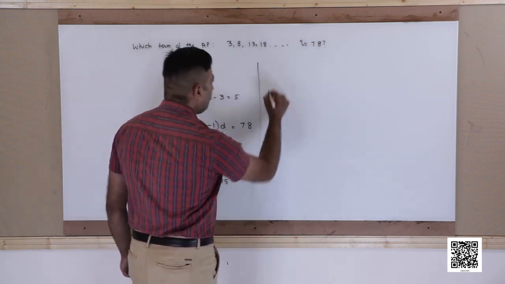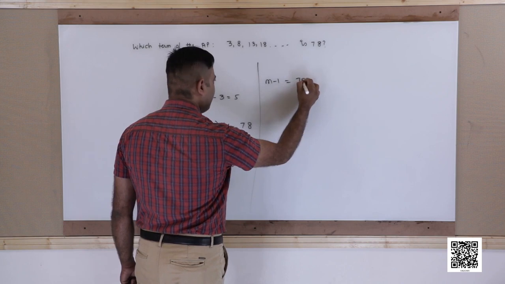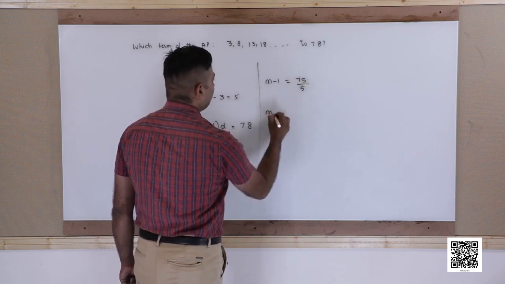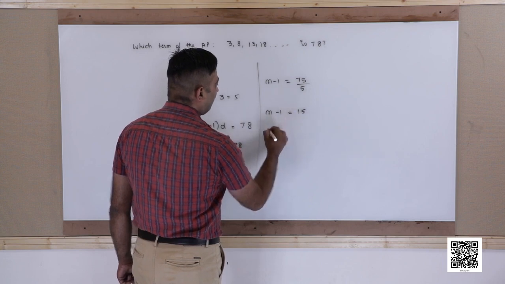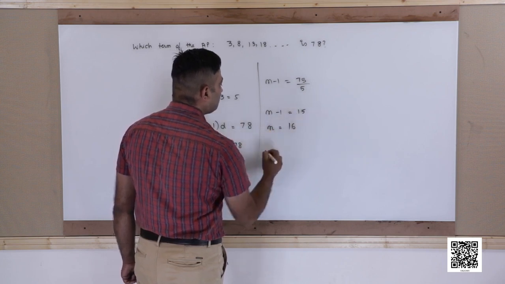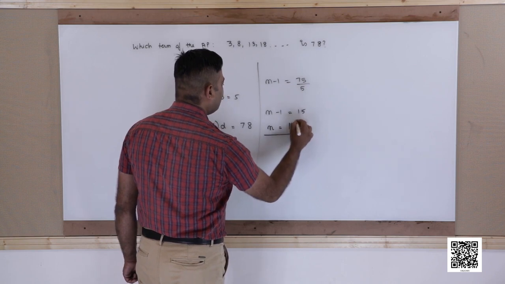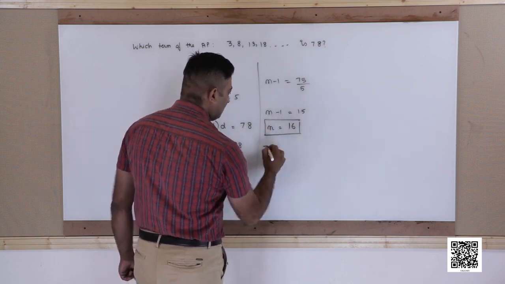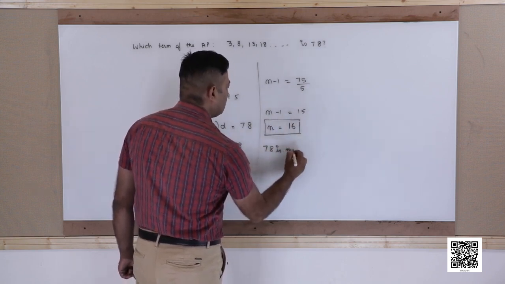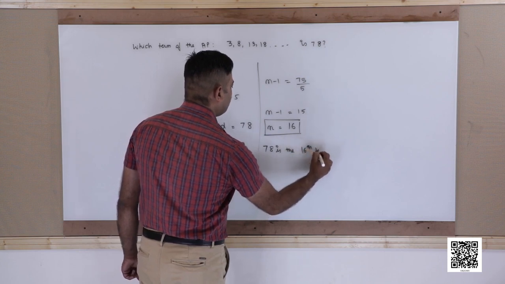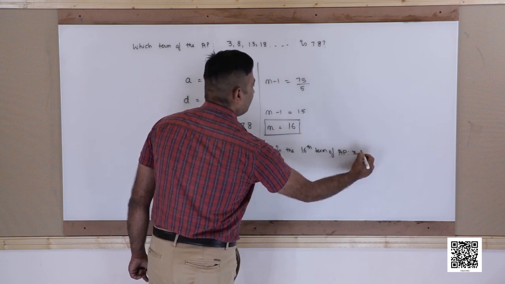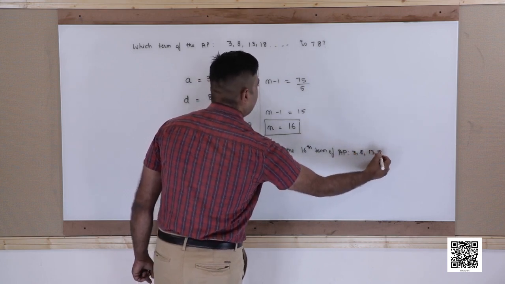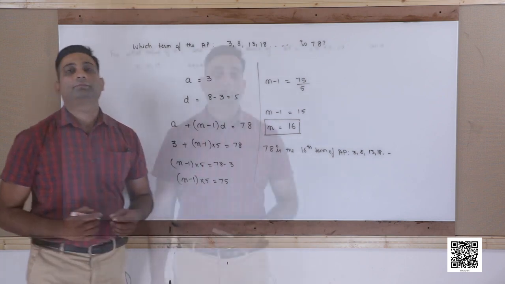That means n minus 1 is equal to 75 divided by 5, which is 15. That means n is equal to 16. So we can say that 78 is the 16th term of AP 3, 8, 13, 18 and so on.